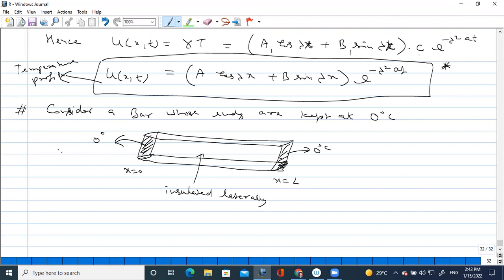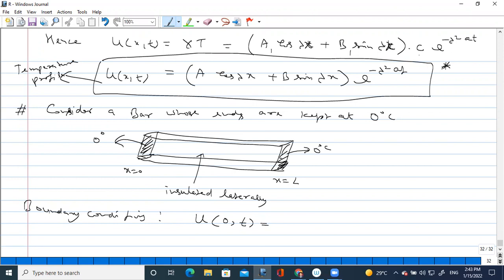It means what? I will repeat. The boundary conditions are that u, the value of temperature, at 0 at any time, at any time you can check.